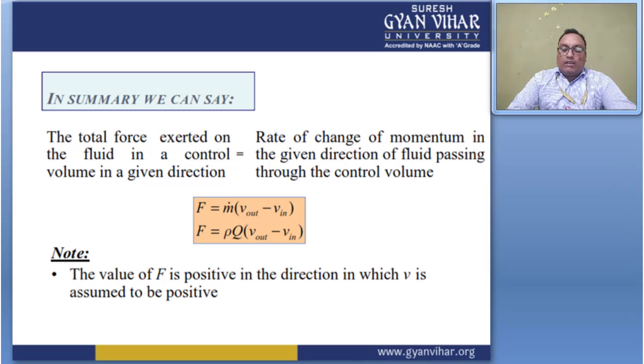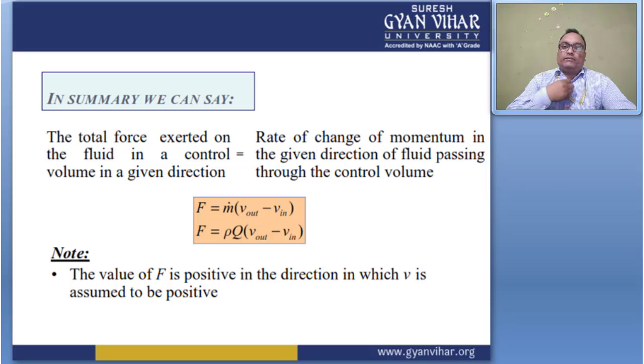V out means velocity at the outlet of the fluid and V in the velocity at the inlet of the fluid, and it gives F equal to rho Q times V out minus V in. In that case, note the value of F is positive in the direction in which V is assumed to be positive.